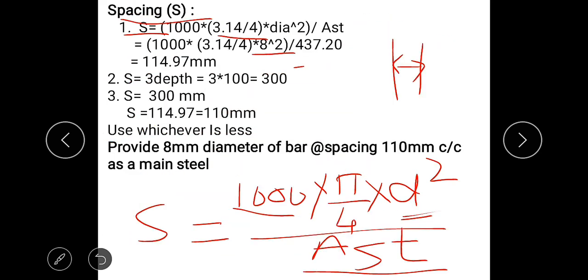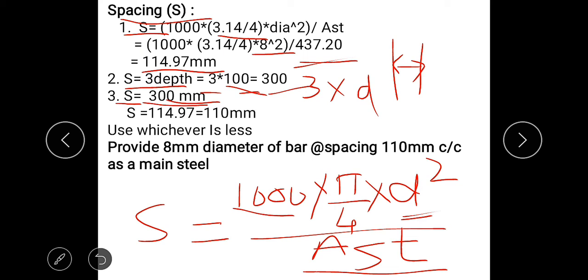So the spacing is 114.97. Second, spacing is 3 into small d, and our small d is 100, so 3 into 100 is 300. Third, we assume a spacing of 300 mm.